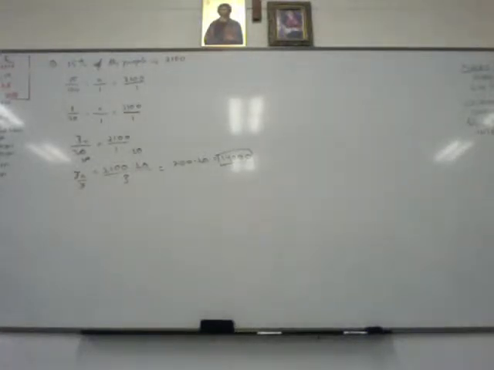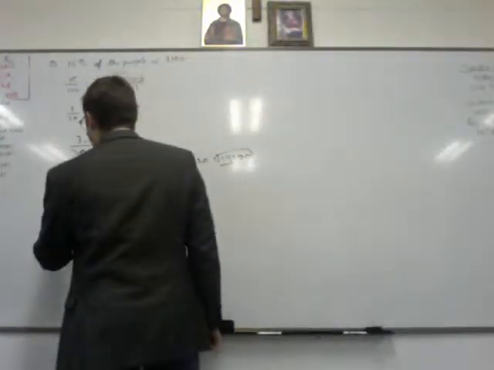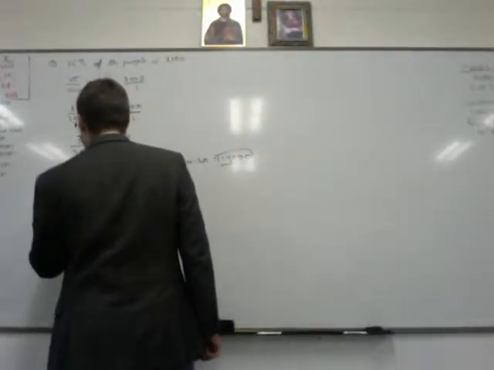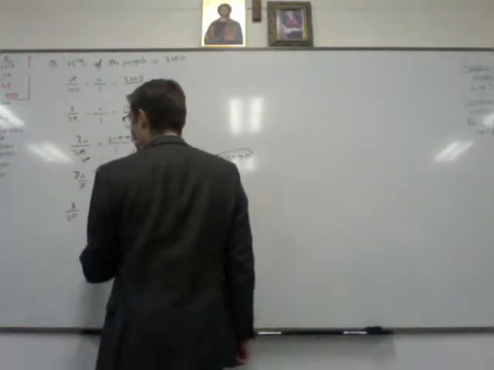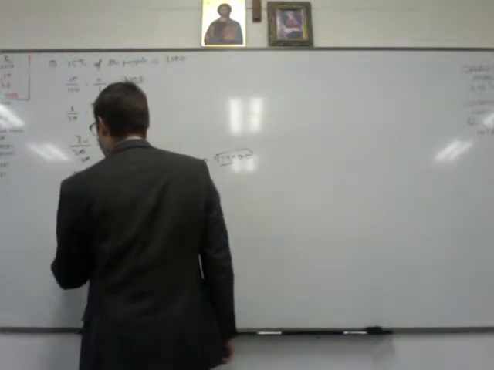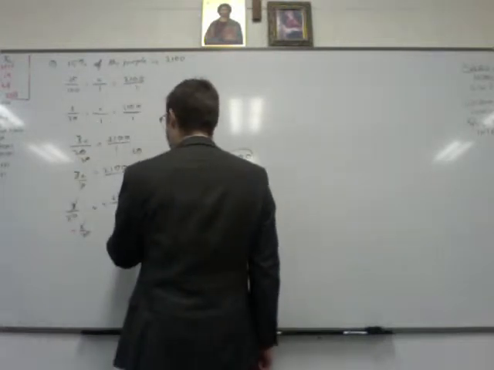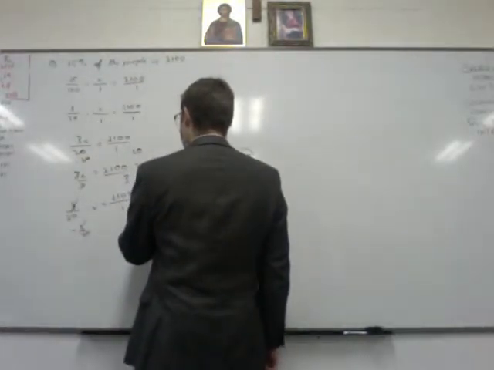If you do keep change flip, we'll still get 14,000. The way that you would do that is, what we really have here is 3 over 20 times x is 2,100 over 1. So we divide by 3 over 20 here, and then we do the keep change flip.